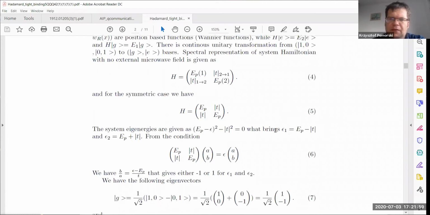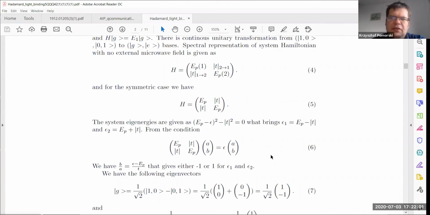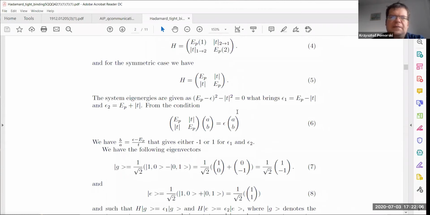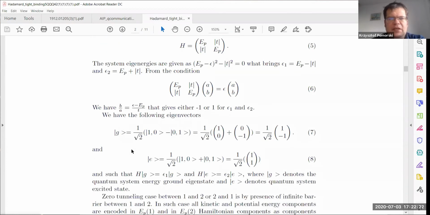So you have equation 5. Again, it's for the Hamiltonian. You can find its eigenenergies. They will be E_p minus T and E_p plus T. So there are two energy levels that correspond to the tight binding model. And obviously, you can look for its ground state, given by formula 7.